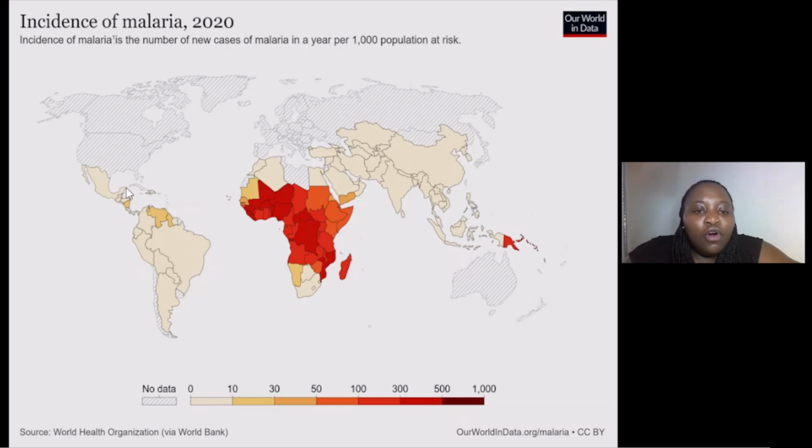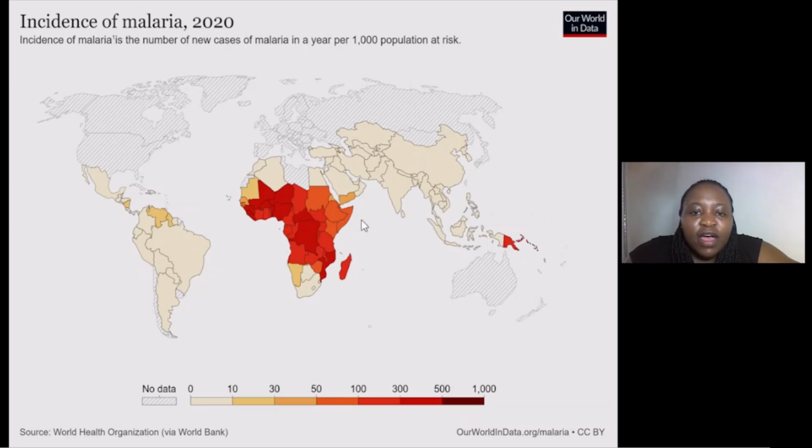Now, for Central and South America, we can see that the incidences of malaria infection are not as much because a great percentage of it is about just 0 to 10, with some 10 to 30 around this region. And then we also have across Asia and the Middle East 0 to 10 per 1,000 population at risk.